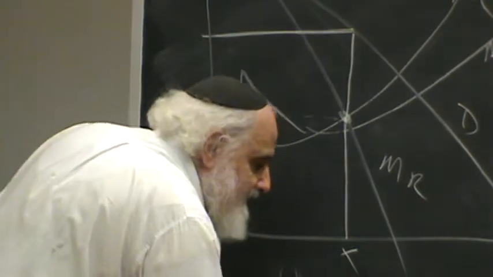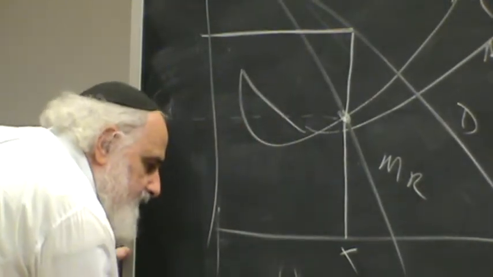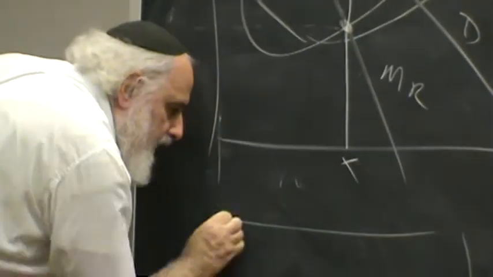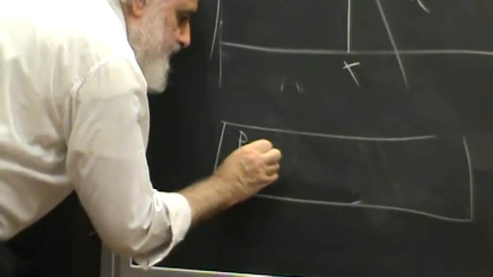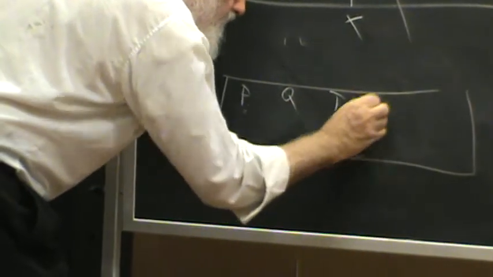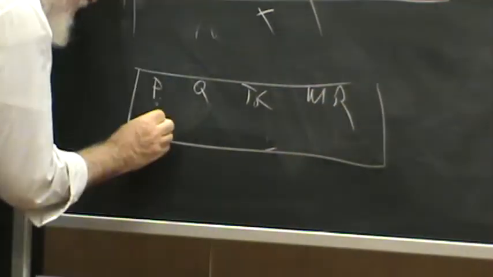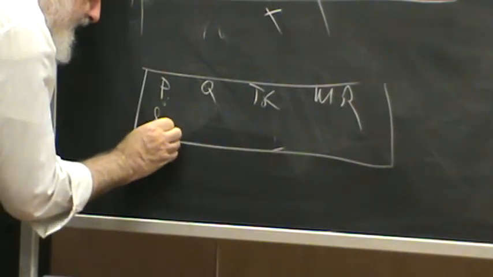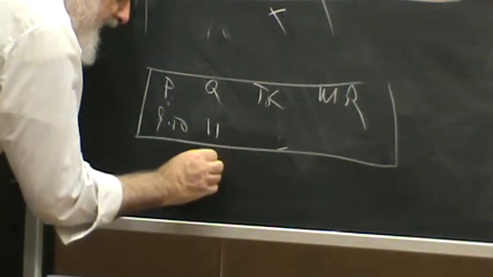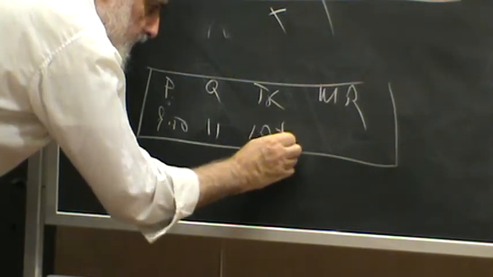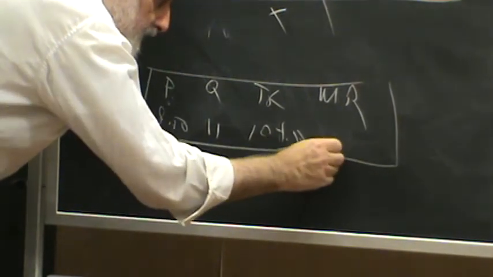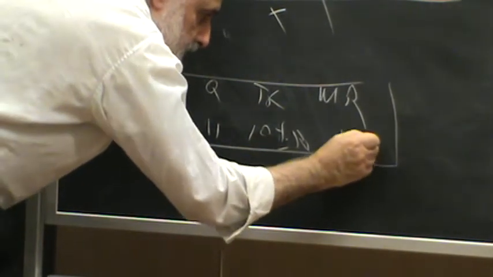Why? It's very simple, because if you remember the chart I had before: price, quantity, total revenue, marginal revenue. I had here price 950, quantity 11, total revenue 10450, and marginal revenue 450. Remember that?